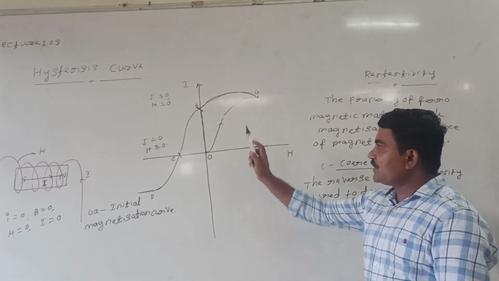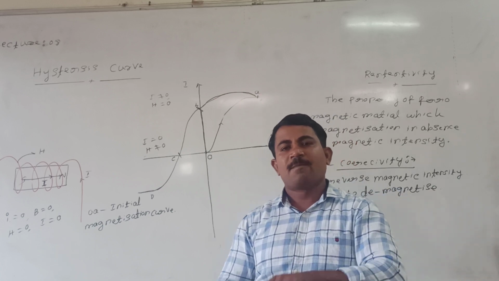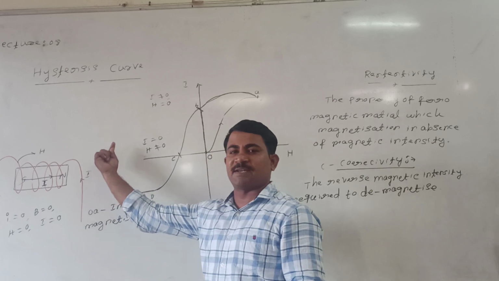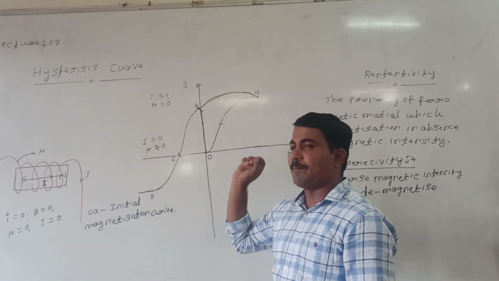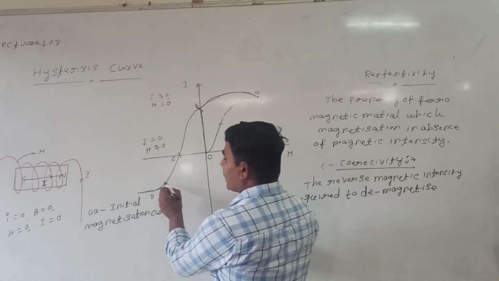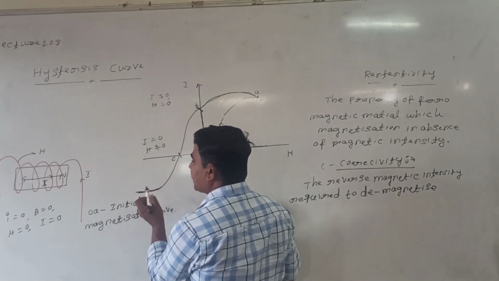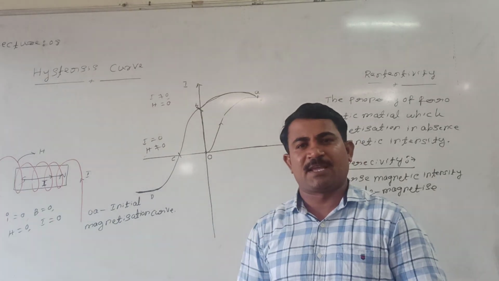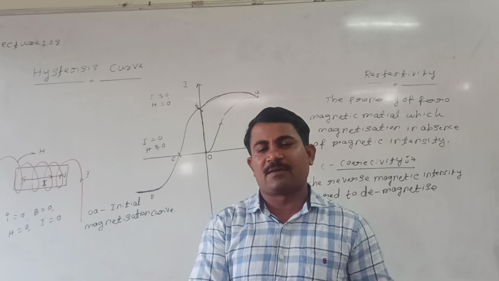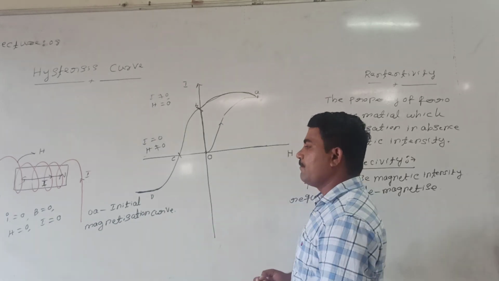At the earlier point the material acts as a magnet even in the absence of magnetic intensity, but if you apply the reverse magnetic intensity by increasing the reverse current, at a particular point the material becomes demagnetized. If the reverse current increases further, all magnetic dipoles align anti-parallel to the direction of the magnetic field in such a way that no magnetic moments remain to align parallel again.